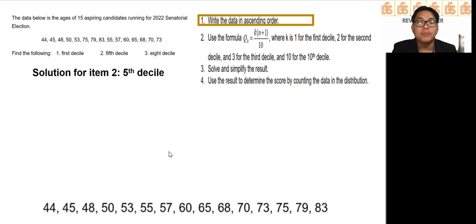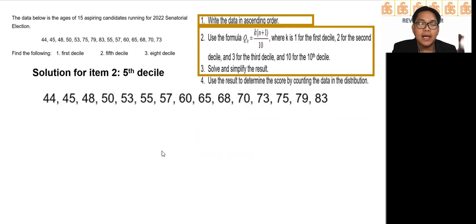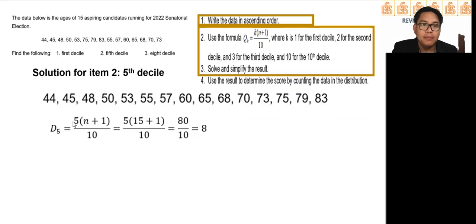Again, it is important to arrange the data in ascending order. After that, we use the formula. We substitute 5 since we are looking for the fifth decile, and 15 for n. So 15 plus 1 is 16, times 5 is 80, divided by 10 is 8. So we are lucky, the answer here is exact.